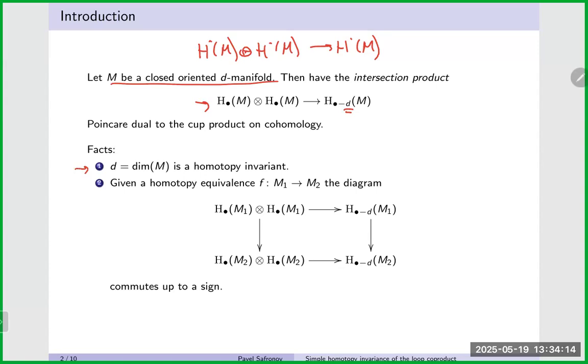And then the claim of homotopy invariance is that, if you have any homotopy equivalence of manifolds, then the two intersection products agree, perhaps up to a sign, and the sign has to do with orientation. So a homotopy equivalence might reverse orientations. Okay, so the claim is that there's this commutative diagram.